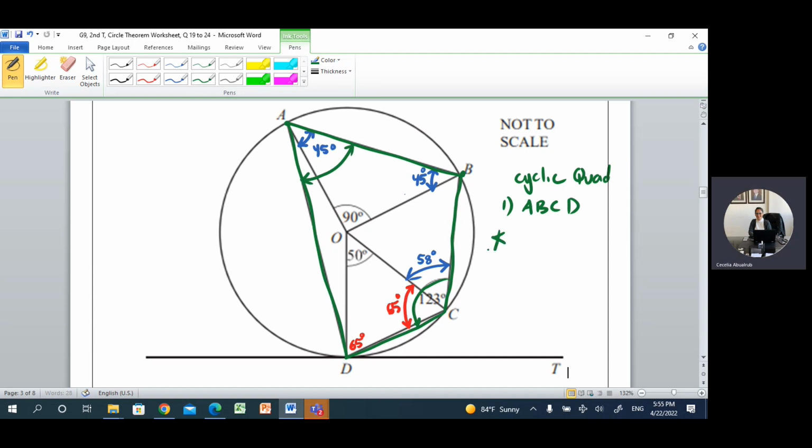So angle DAB is equal to 180 minus 123, and the answer will be 57 degrees. So this angle is 57 degrees. Accordingly, if I subtract 45 from 57 degrees, this small angle here will come down to 12 degrees.